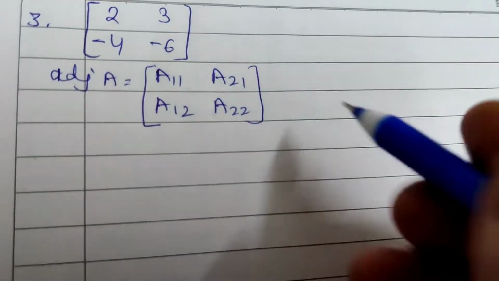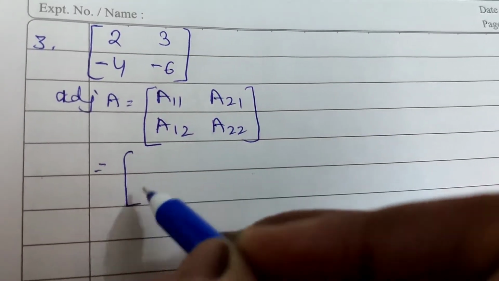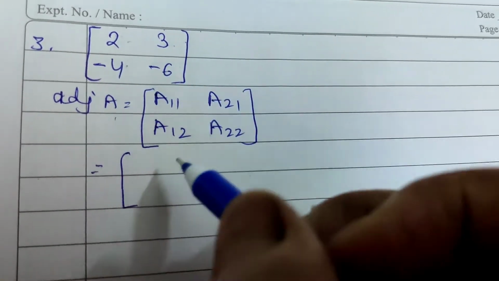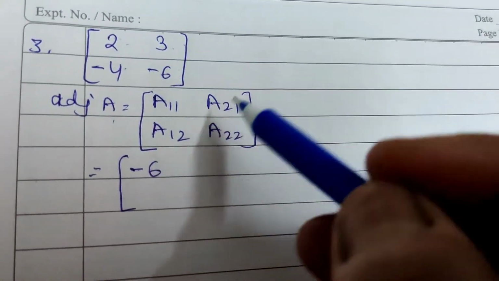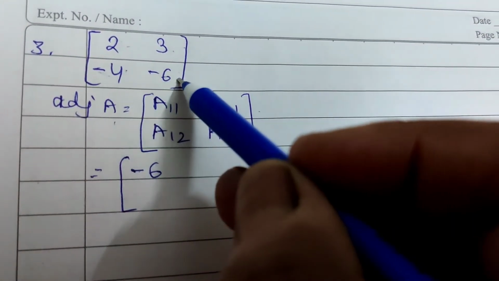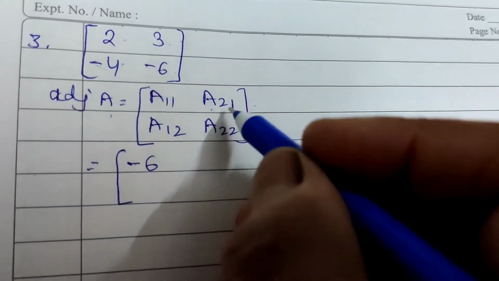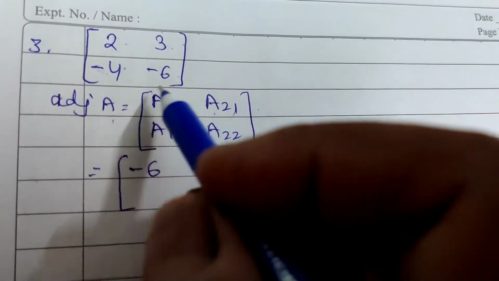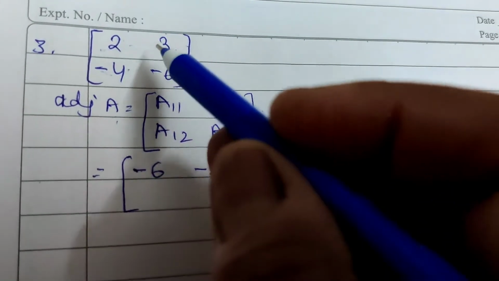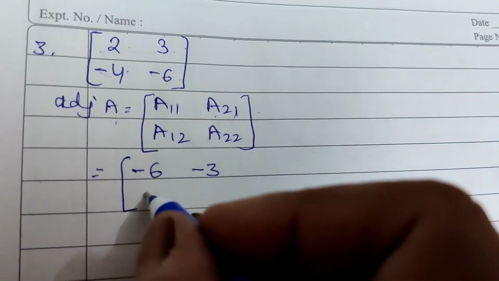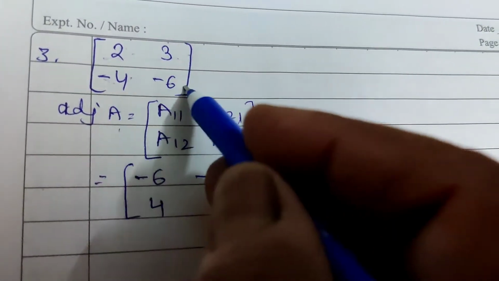A11 is first row, first column, minus 6. A21, second row, first column, is minus 3. A12, first row, second column, is minus 4, so it means 4. And A22 is 2.